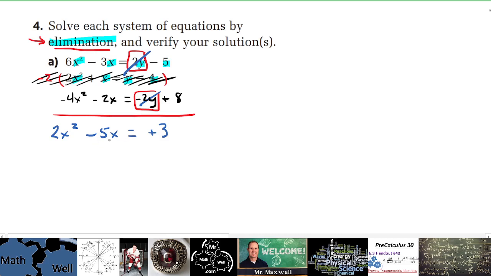So now we have a quadratic. Let's get everything over to the same side. Let it equal 0. And then we can go ahead and solve for this x using quadratic formula or factoring or whatever. So let's see. I always like to try and just do it factoring. I don't know if we can try it. Will it work? 3 and 1?